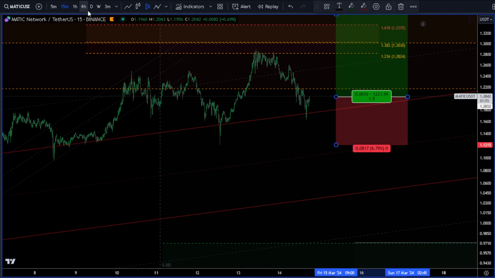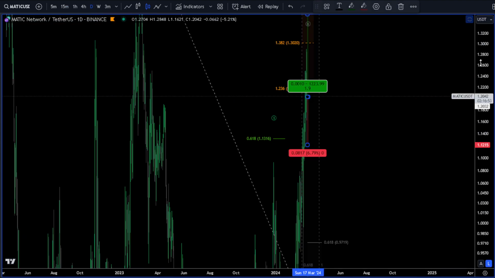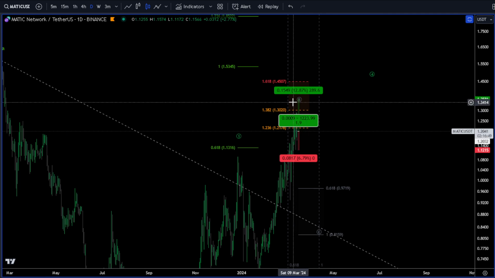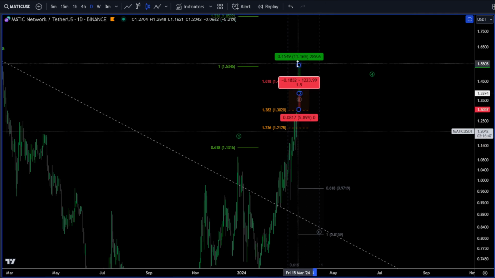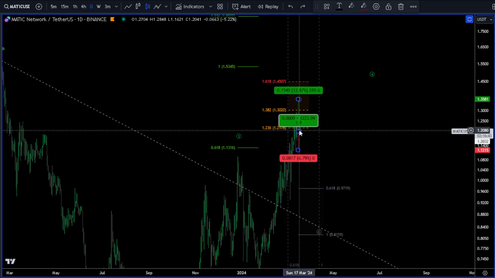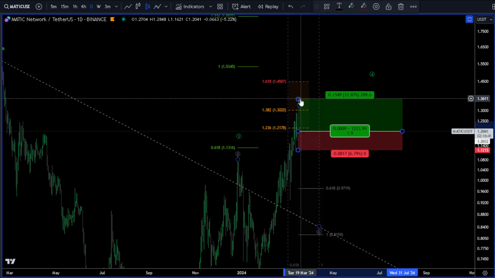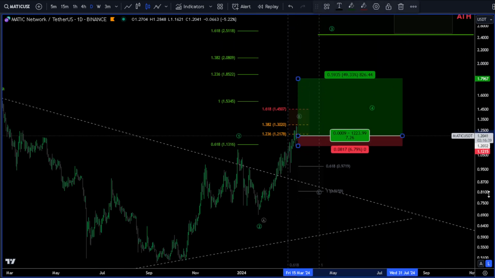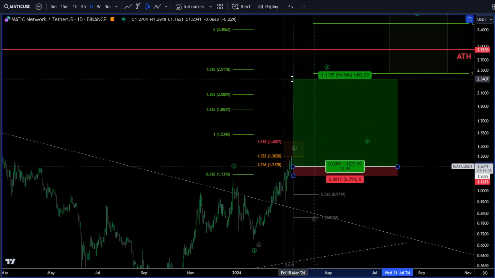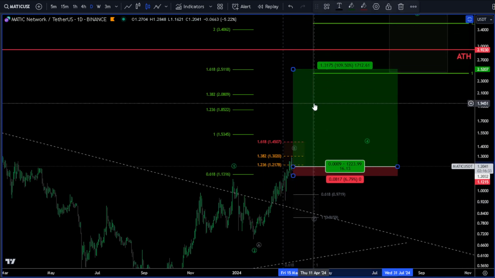Let me see where that would take us. Might be tempted just to take a shot here. Can't see it. There we go. So that would take us up to that 1.618. 16 to 1.